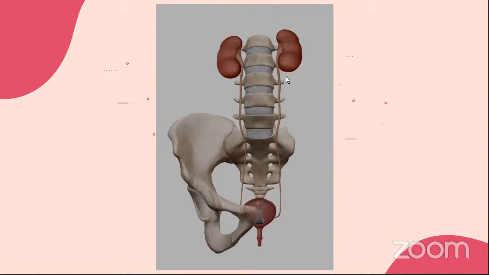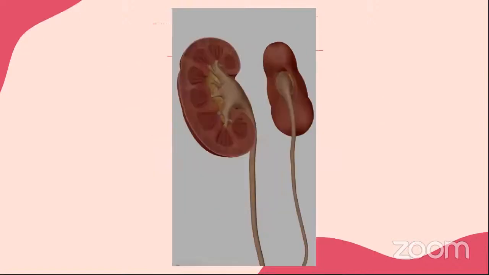That means it's in the back of the abdominal cavity, also means that it doesn't share the same space with the digestive organs. The kidneys are bean-shaped structures that weigh around 150 grams.